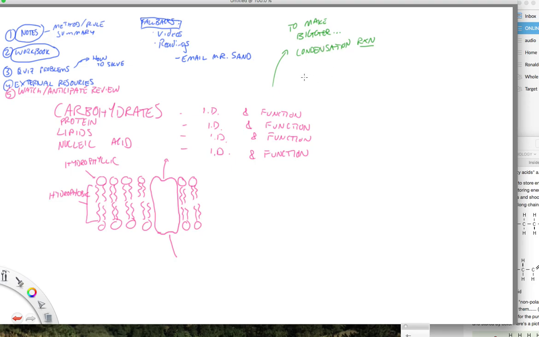This involves one part of the molecule. I'll just say this is the rest of the molecule over here. One part of the molecule has an H group, and over here it has an OH group. And here's the rest of the molecule. It doesn't matter if this molecule is a carbohydrate, a protein, a lipid, or a nucleic acid, they all go through this same reaction.